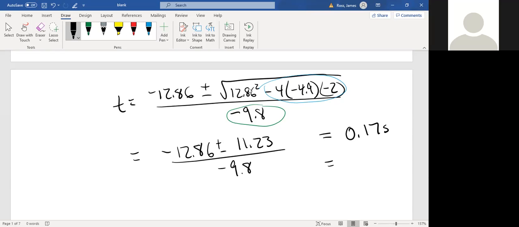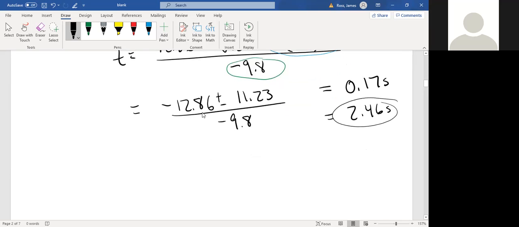Okay, and as I said at the beginning, we're going to choose the second time. So let's see what happens when we plug in the negative. So 12.86 negative minus 11.23 gives us 24.09 divided by negative 9.8 gives us 2.46 seconds. So that's the time we choose for this one.